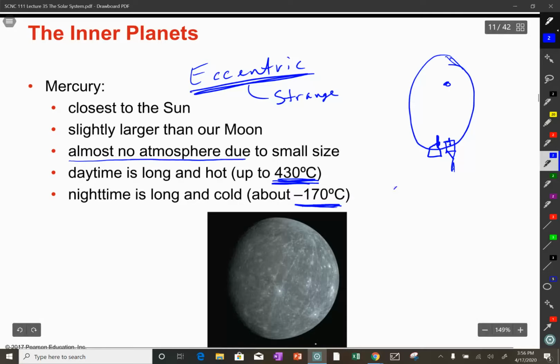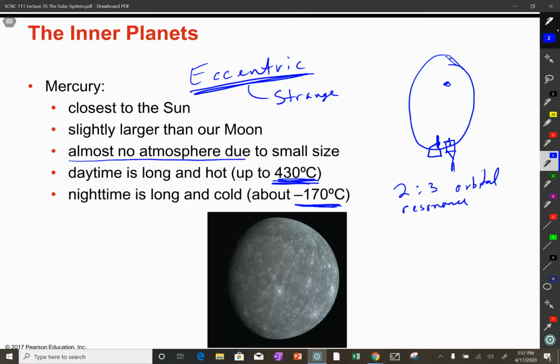It has a 2 to 3 orbital resonance. So in 2 orbits, I think it's done 3 complete rotations. But because of the direction it is rotating, I believe that comes out to be only 1 day. So it's very, very odd.